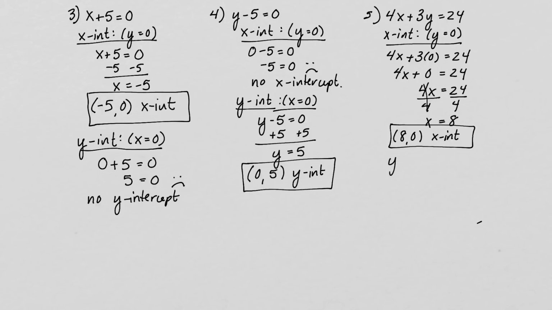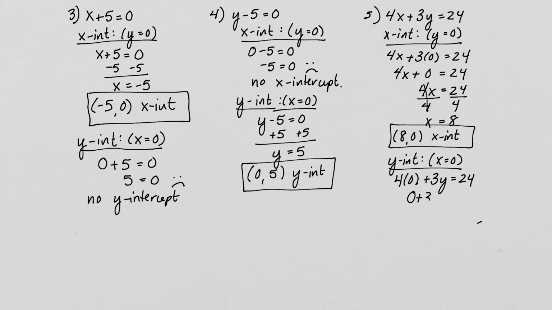The y-intercept we get by setting x equal to 0. So, sometimes I get a crazy line going on here if I don't watch where my hand is. Sorry about that when that happens. So when x equals 0, we're going to have 4 times 0 plus 3y equals 24.